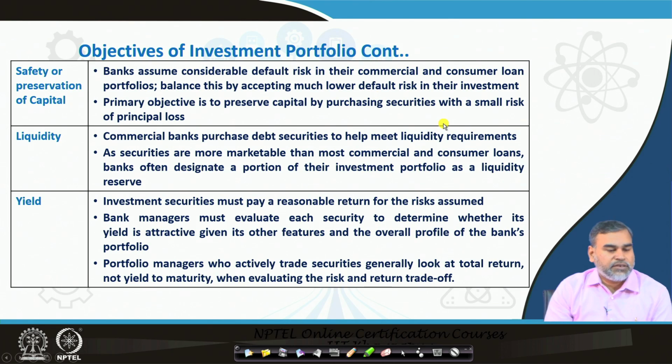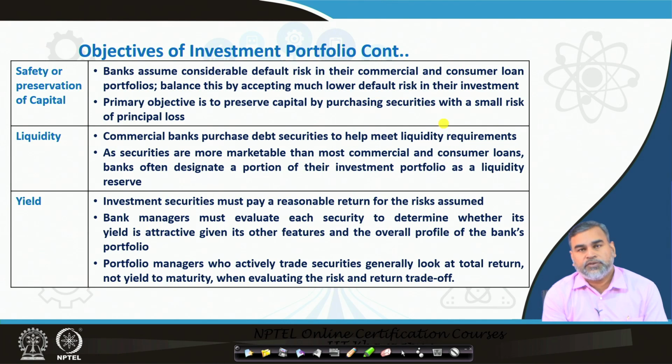Whenever we talk about the different objectives, first the safety or preservation of capital. Banks assume a considerable amount of default risk in their commercial and consumer loans. So they balance this by accepting much lower default risk in their investment.